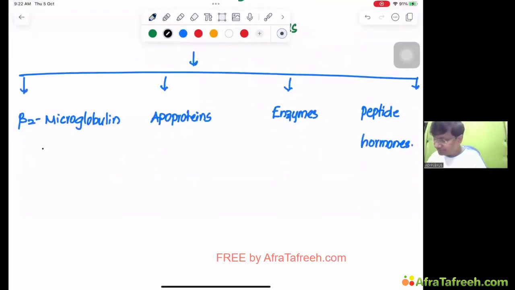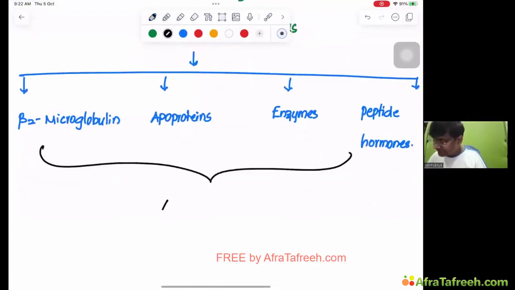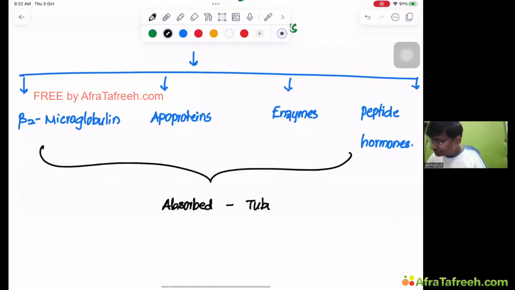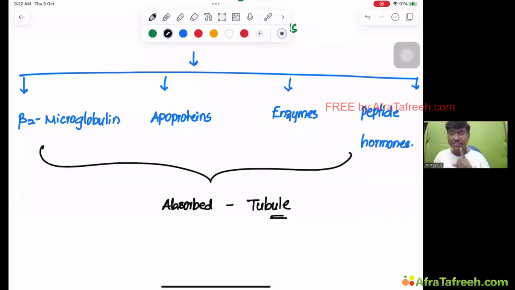All of these proteins have to be absorbed at the tubule. But if there is any pathology in the tubule, then these proteins are not absorbed, and that is called tubular proteinuria.